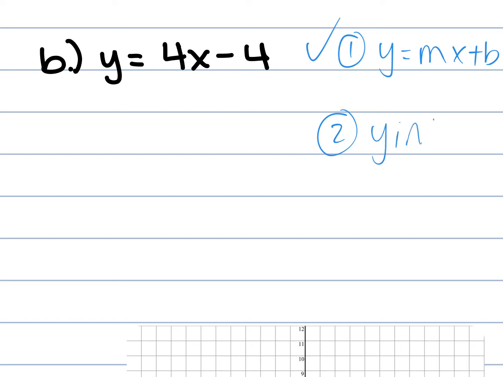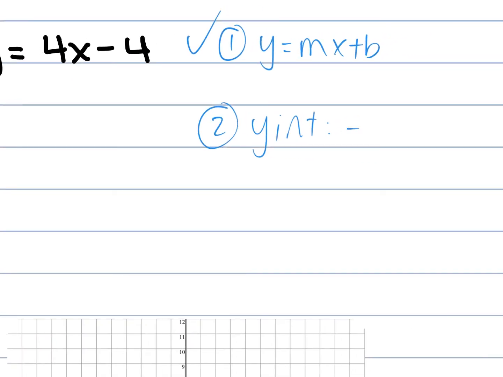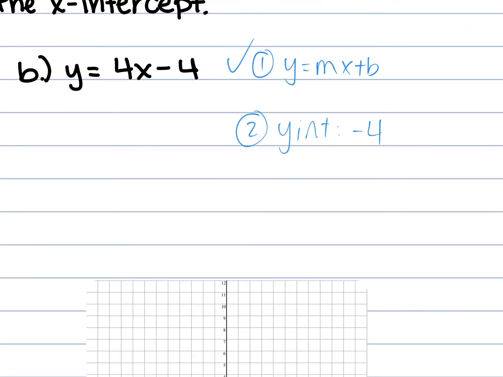Does anyone know what the y-intercept is here? It's -4. It's your b value. Do we see that? Are we Gucci? Alfred? Okay, guys, what is my y-intercept as a coordinate? 0, comma, -4.